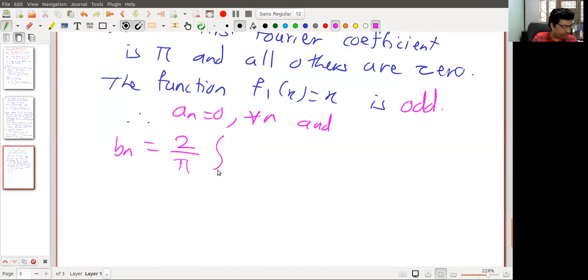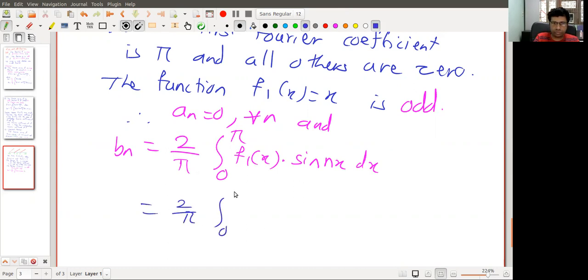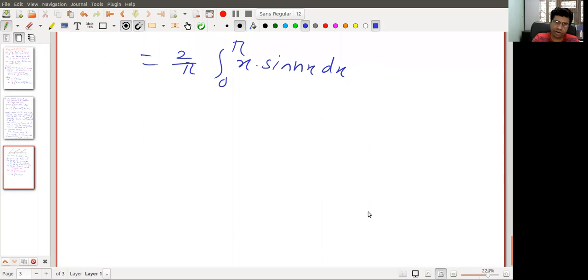Integral from 0 to L, that is 0 to pi, of the function f1 of x into sine n pi x upon L. L is pi, so n pi x upon pi, that is sine nx dx. So this is x sine nx dx. Now we use integration by parts.